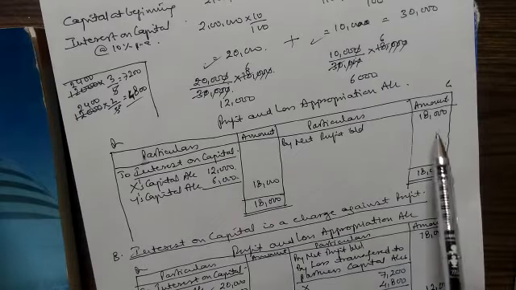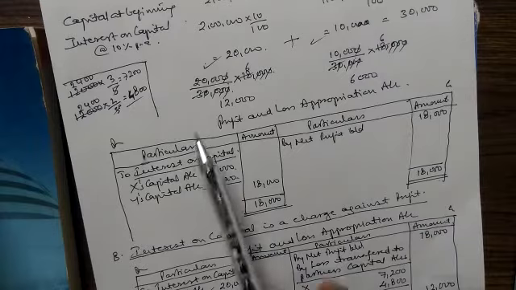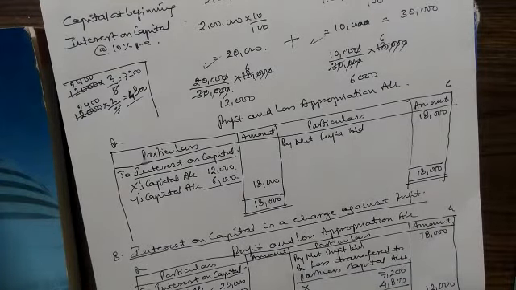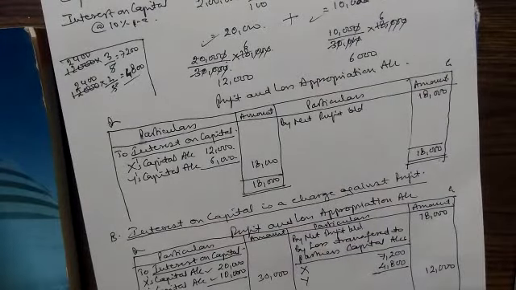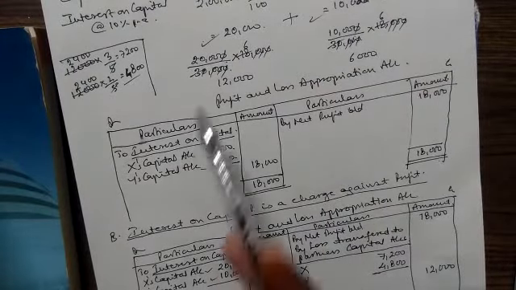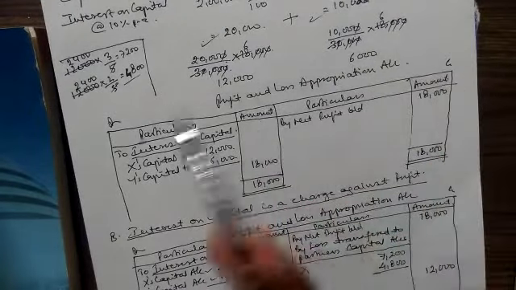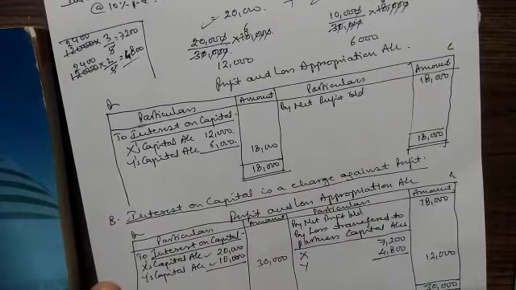Means whatever profit was there, that was distributed among the partners in the ratio of interest on capital that the partners are going to get. That was 20,000 and 10,000 की ratio में. That is 2:1. Or the way I have told, in that way you can show the distribution of the profit as interest on capital. Now the second case.